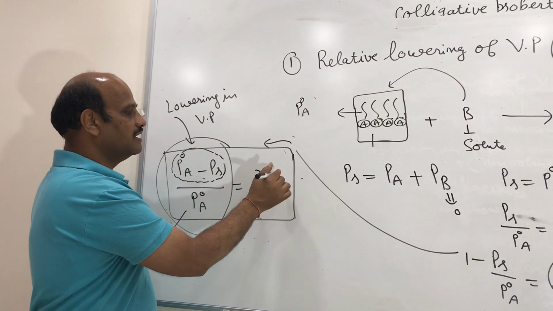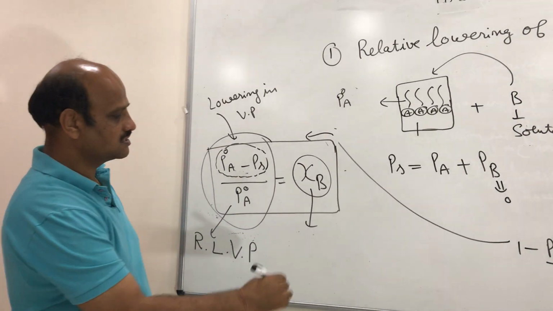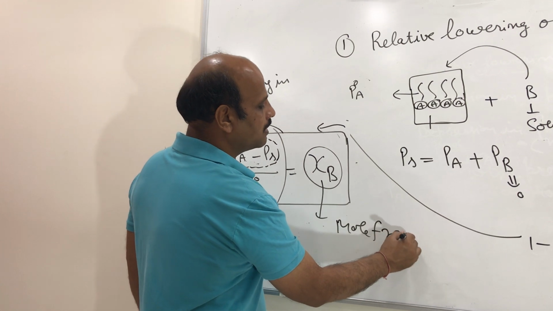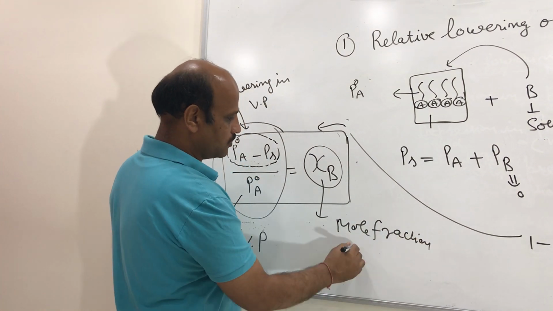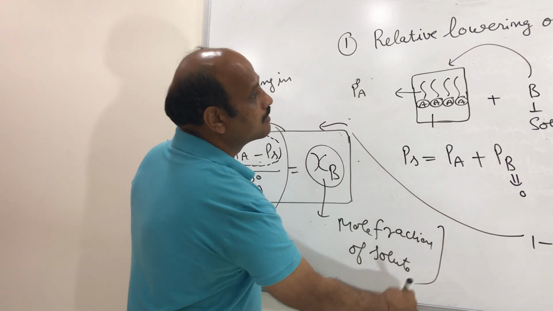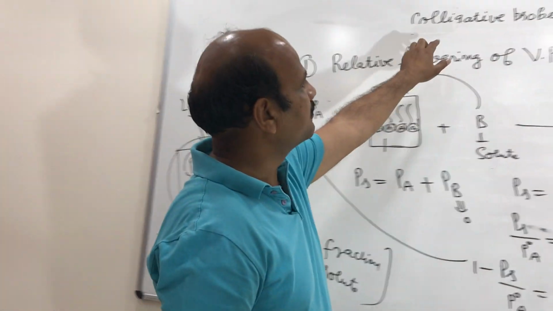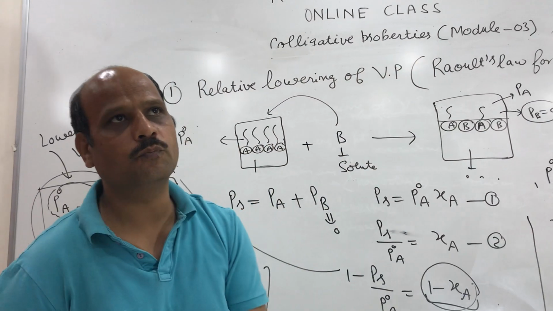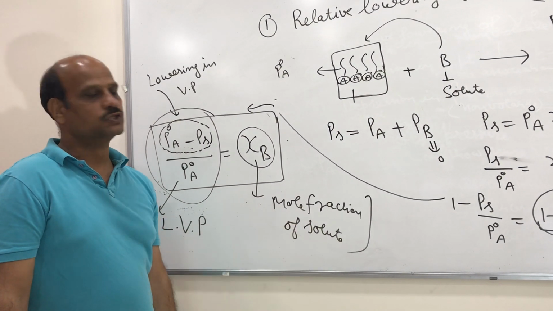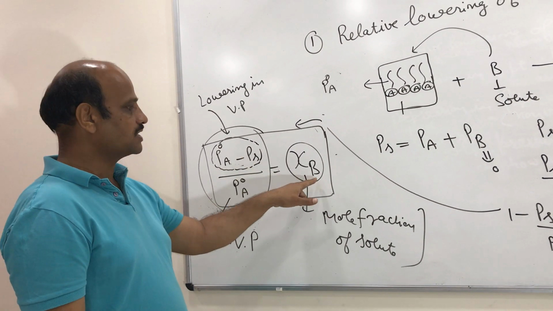And this is directly dependent upon what? This is mole fraction, mole fraction means mole ratio, mole fraction of solute. Students, what are colligative properties? Colligative properties means which depend upon the particles of solute, or you can say the mole fraction of solute.